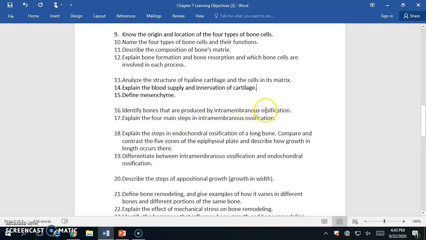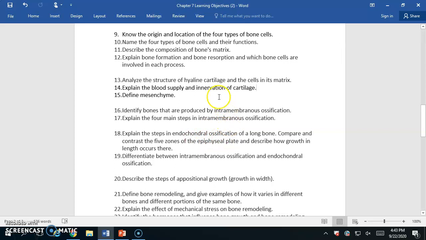So they use this term called ossification. It's kind of the term that means the very first bone formation. This is describing how certain bones in our skeletal system form initially. And then we'll talk about other bones in our skeletal system that may form by this other type of ossification called endochondral ossification.